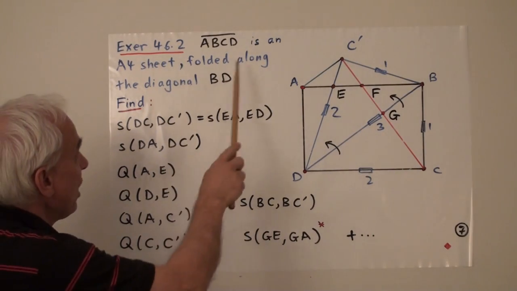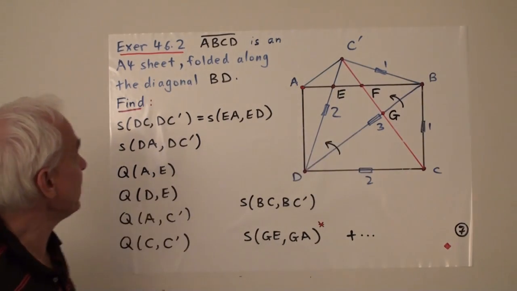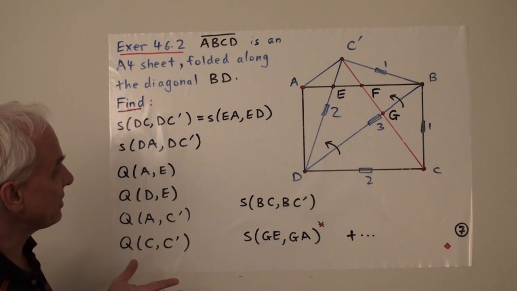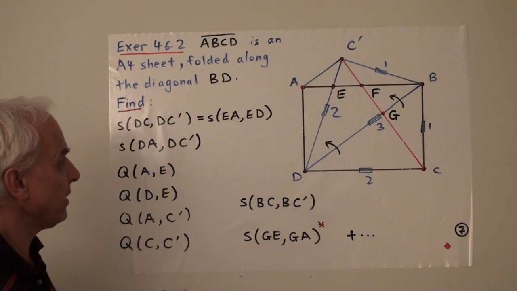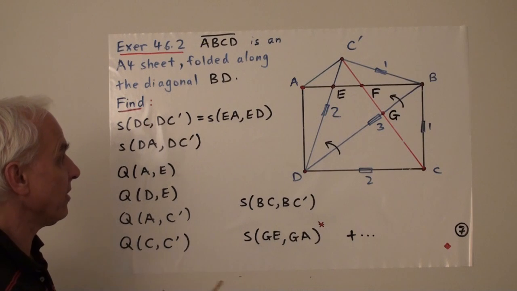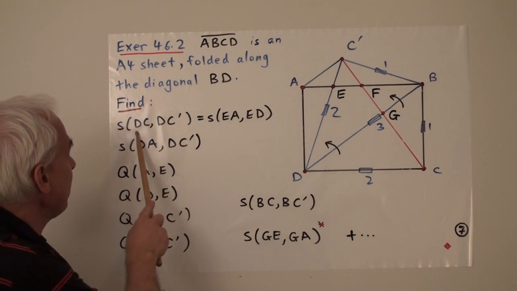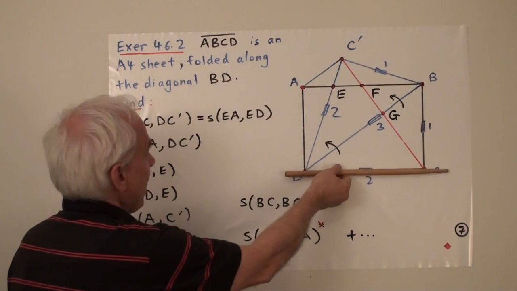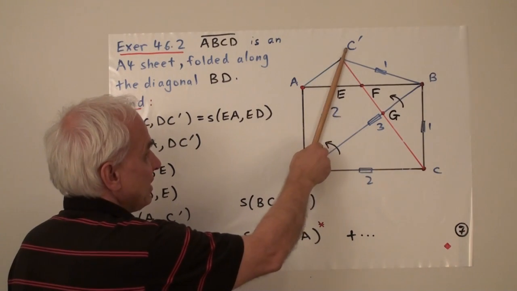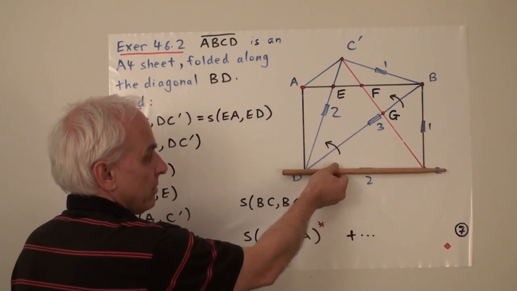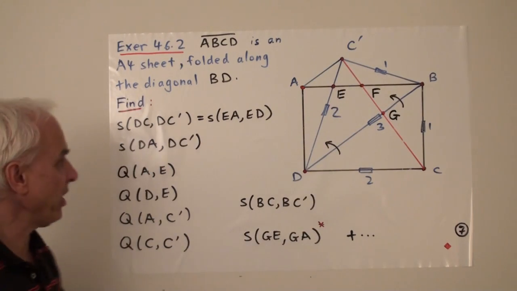So we folded our rectangle along our diagonal, and now we have various points and spreads and quadrances that we can investigate. So for example, we could ask, what is the spread between this line DC and this line DC prime? Okay, that's a new spread. What is that spread?